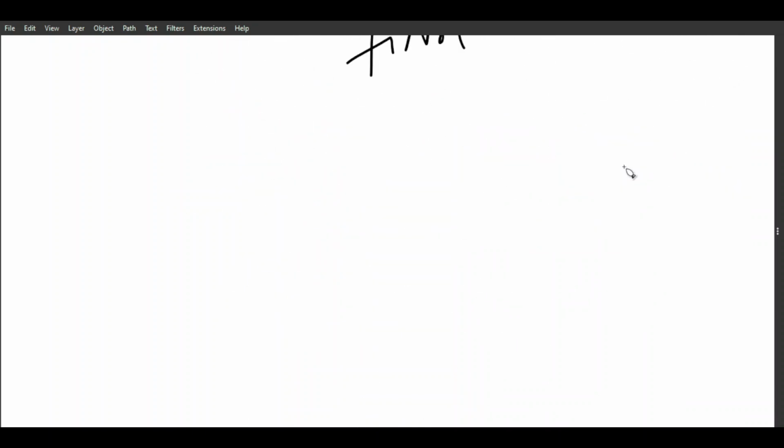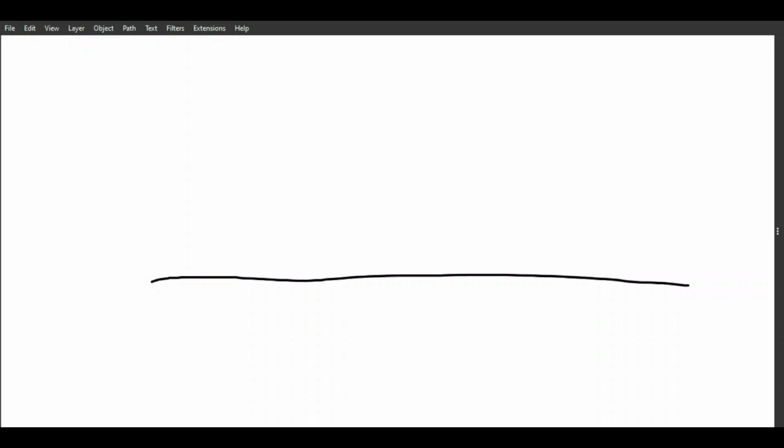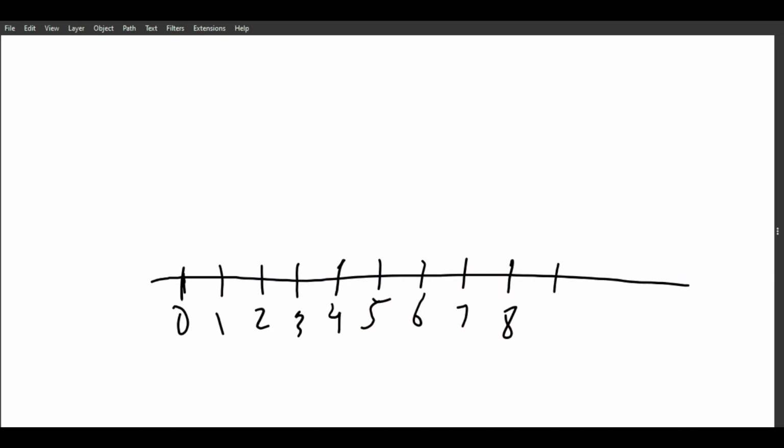So for the counter example, we take several short intervals. Again we make a timeline like this: 0, 1, 2, 3, 4, 5, 6, 7, 8, 9, 10, 11, 12. Here we have several short intervals. We can take each of length 2.